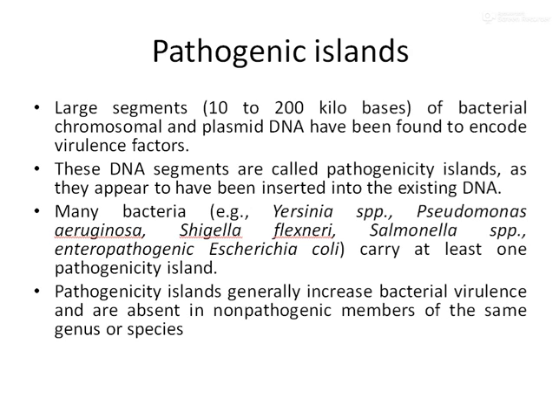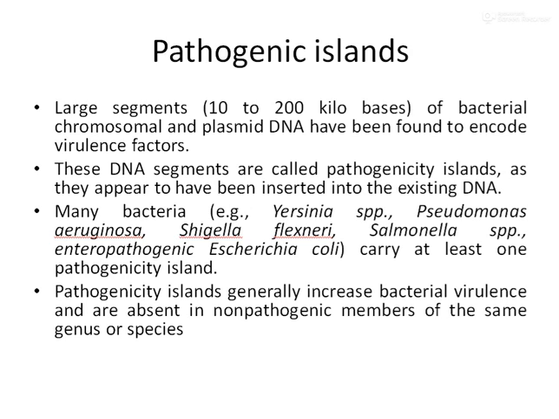Now, what are pathogenic islands? If you look at certain pathogens, you can see that they have large segments of bacterial chromosome as well as plasmid DNA which have been found to encode virulence factors. These segments are referred to as the pathogenic islands, and they appear to have been inserted into the existing DNA.